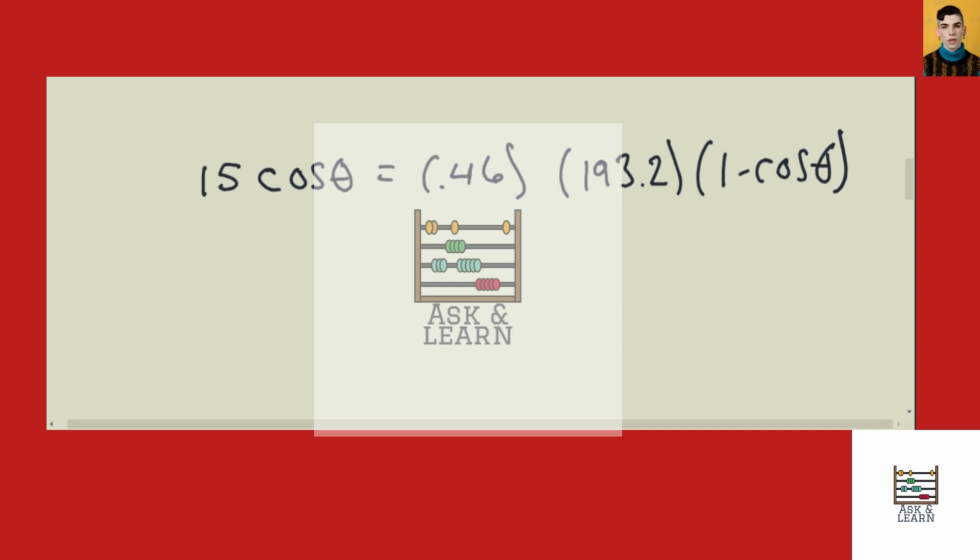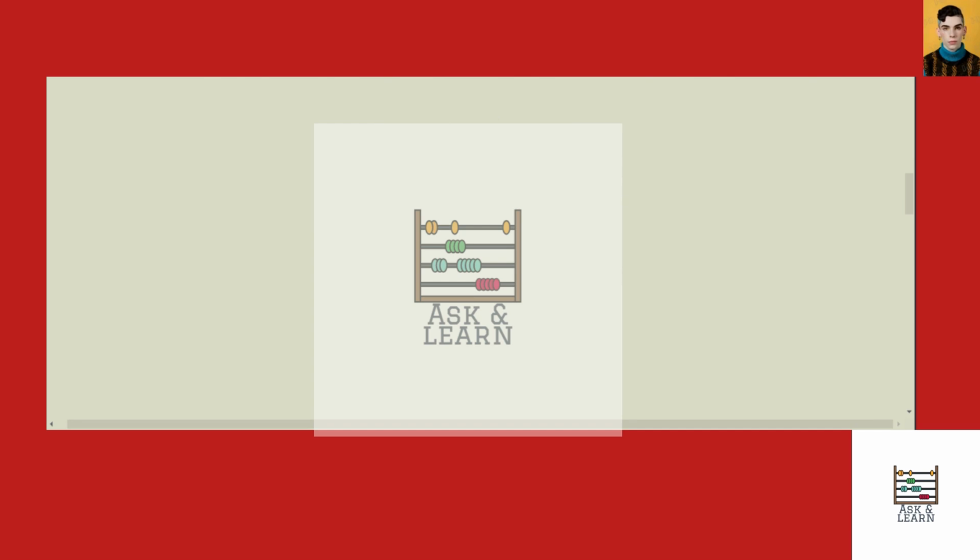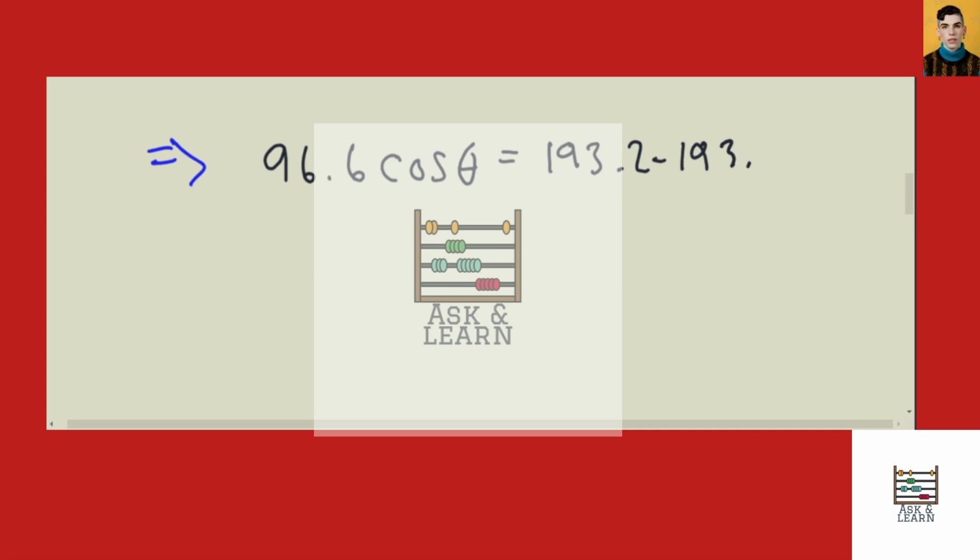So now if we just move stuff around on the left side, we have 96.6 cosine theta is equal to 193.2 minus 193.2 cosine theta.